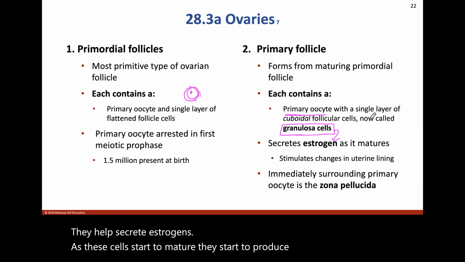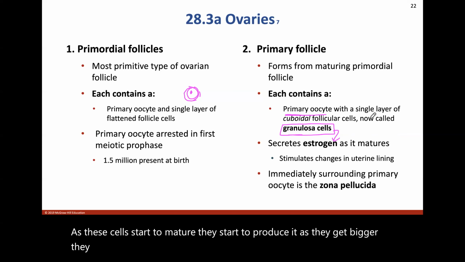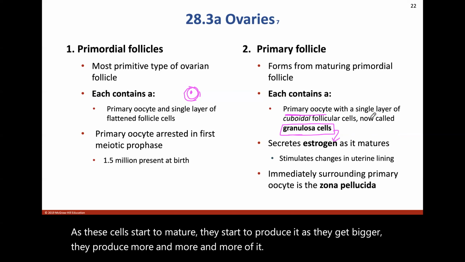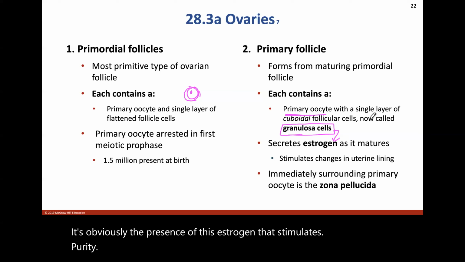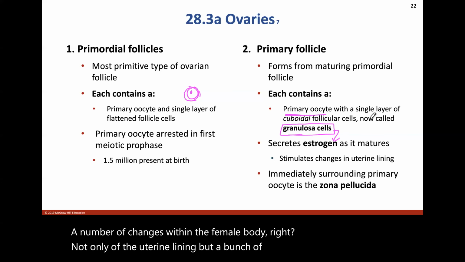As they get bigger, they produce more and more of it. It's obviously the presence of this estrogen that stimulates puberty. A number of changes within the female body, right? Not only of the uterine lining, but a bunch of fun changes happening all over the body.